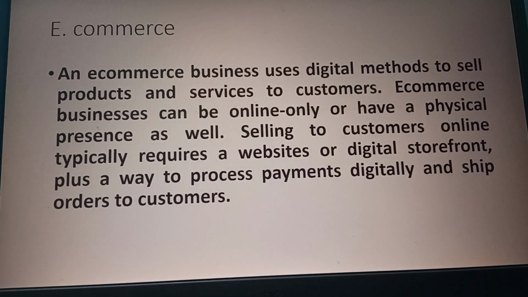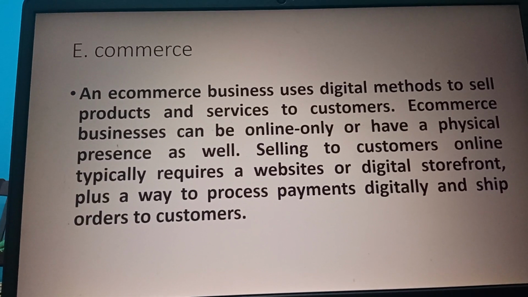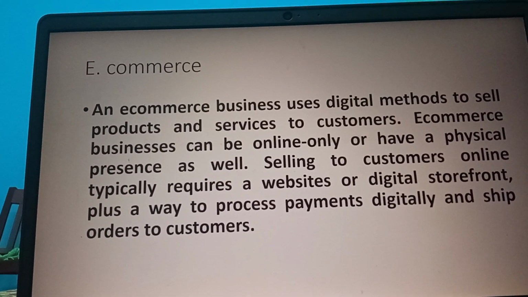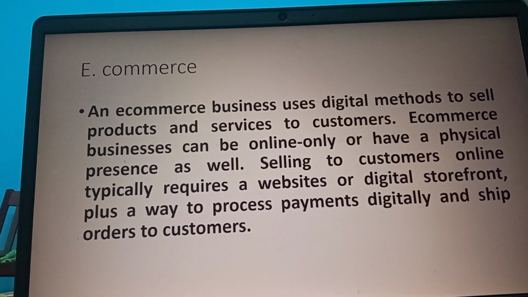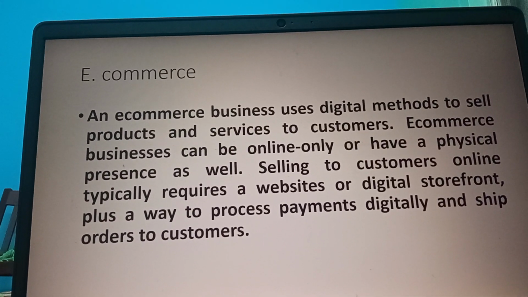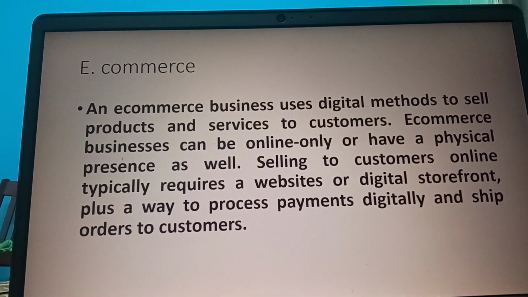Let us go to our main topic, e-commerce. So let us begin with the definition of e-commerce. An e-commerce business uses digital method to sell products and services to customers. E-commerce businesses can be online only or have a physical presence as well.